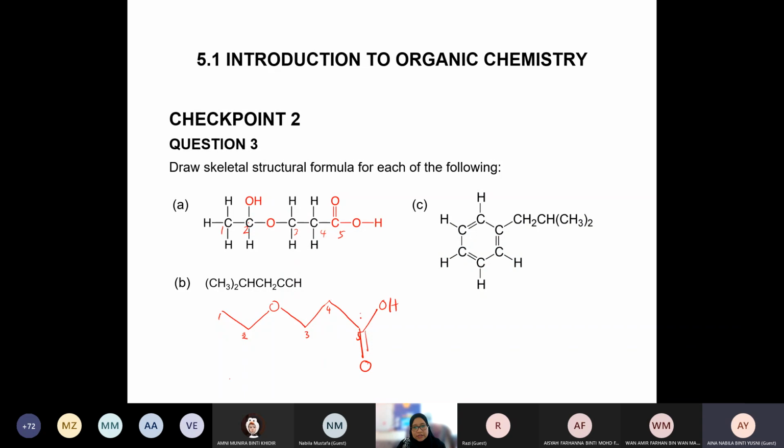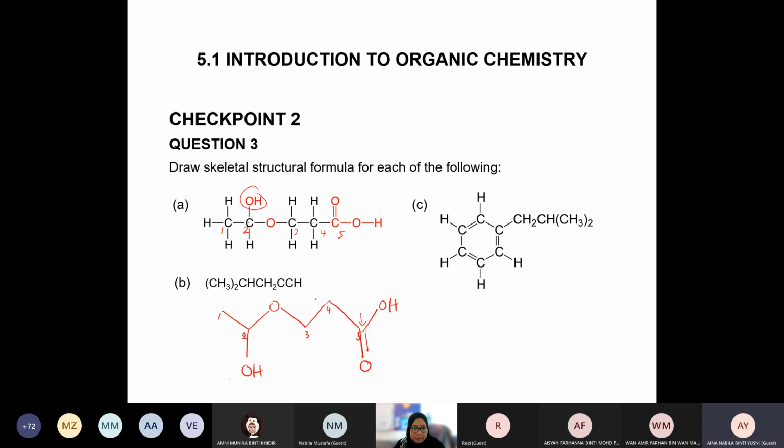This is the fifth carbon, then you have oxygen, and then OH. Then we have OH here. Don't forget, make sure to check your final skeletal formula so that you don't miss anything. At carbon number 2, we have OH. So that will be for A.